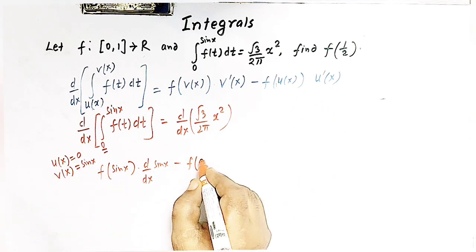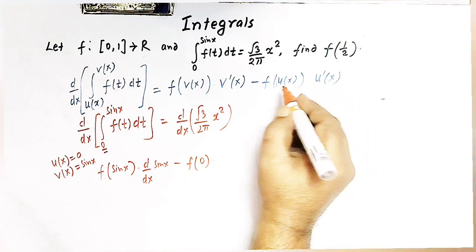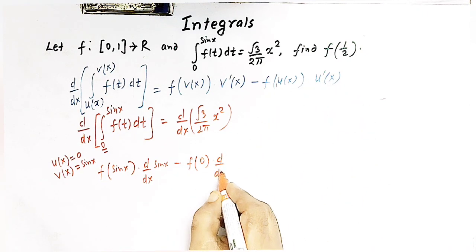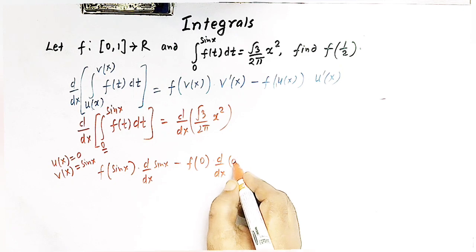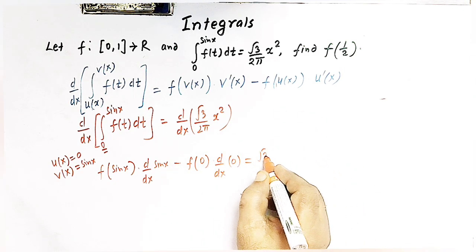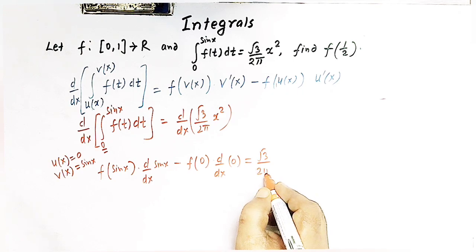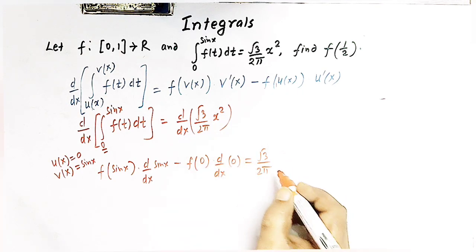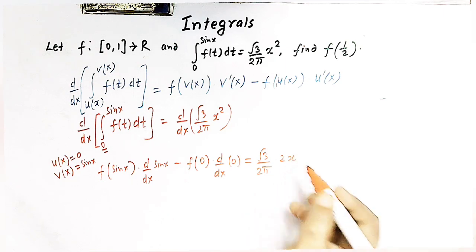U of x is 0, and then we differentiate u of x with respect to x. So we have d by dx of 0, and in the right-hand side we have square root of 3 over 2 pi, and the derivative of x square with respect to x is 2x.